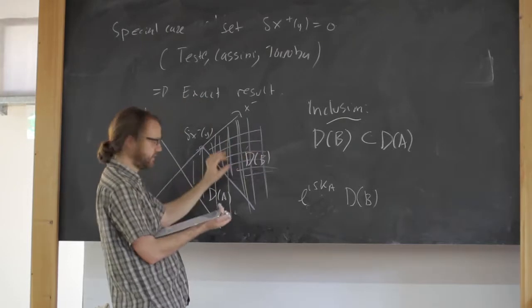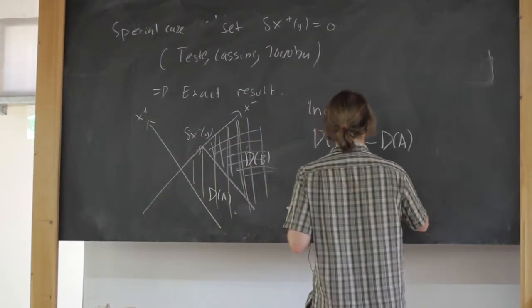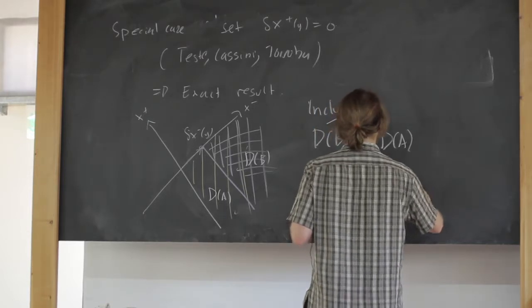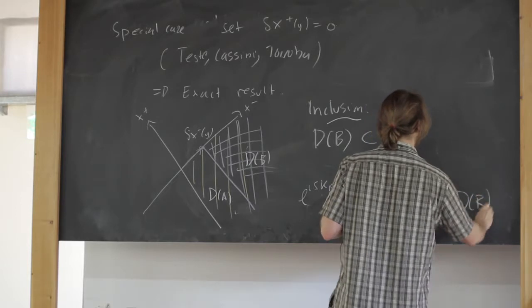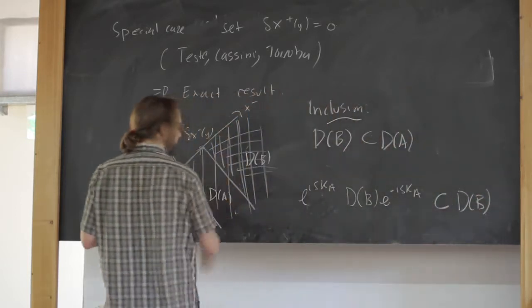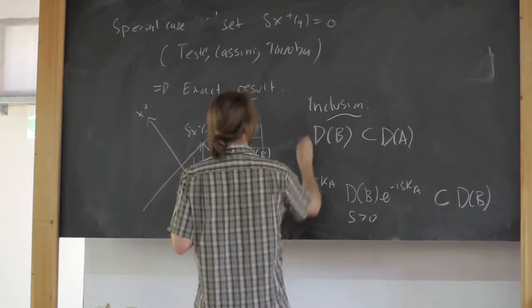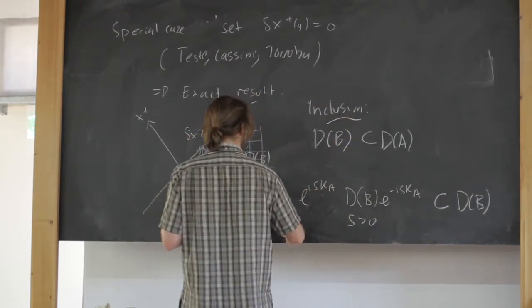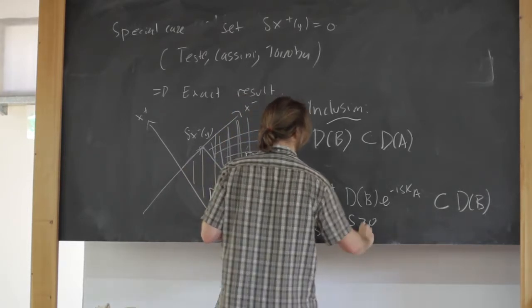I'm imagining taking the algebra of operators and flowing with them. Then if this guy is contained within itself for positive S, then this is the situation. So this is just an inclusion. This is called a half-sided inclusion.